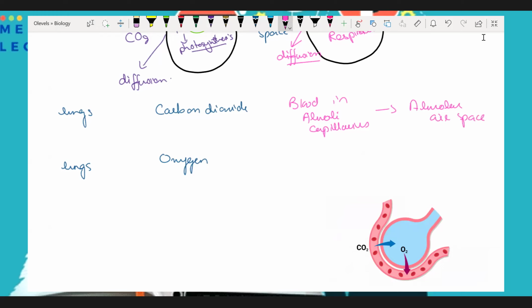While in case of oxygen, it's vice versa. It's from the alveolar airspace to the blood in the alveoli capillaries.